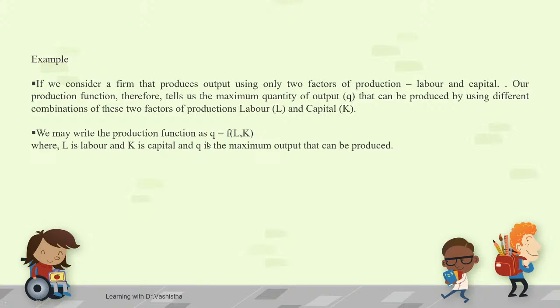Mathematically, this can be written as Q, which is the output, equals F. F shows the function, and within brackets L is the labor and K is the capital. So here Q depends upon labor and capital, or we can say L and K.